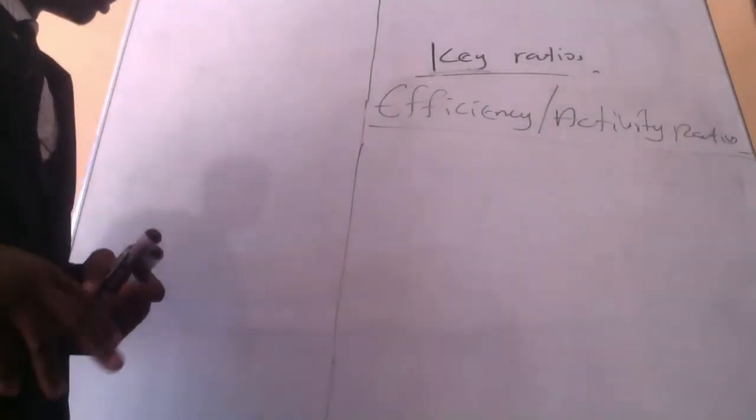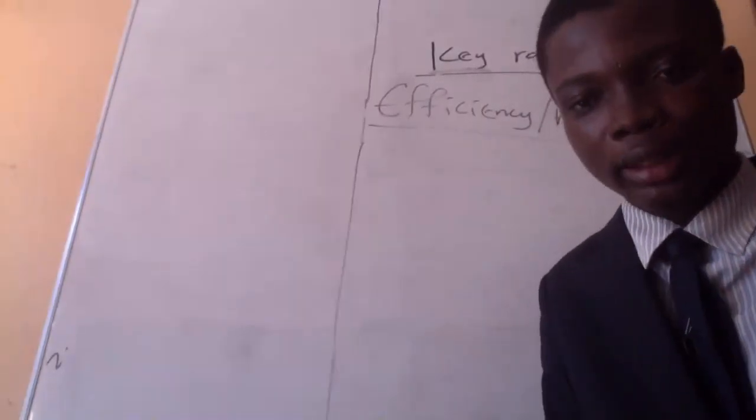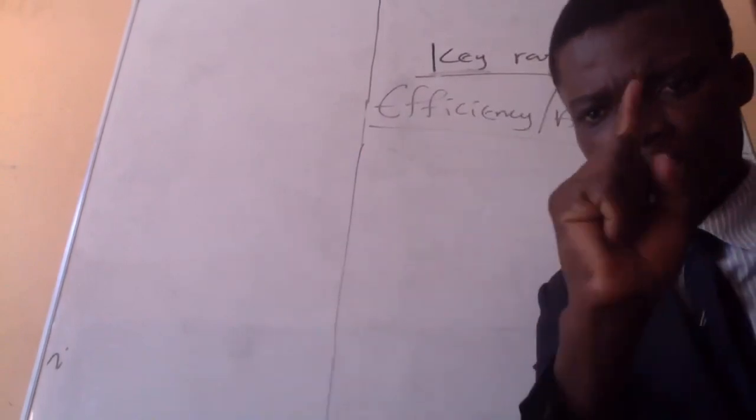Basically, this ratio talks about how efficiently you are utilizing your assets to generate enough cash or sales for your operation.